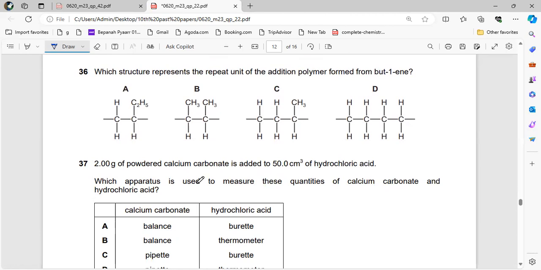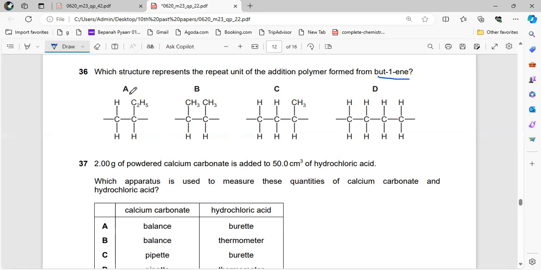Which structure represents the repeat unit of addition polymer formed by but-1-ene? So when you observe all the options, option D is totally wrong. It is about ethene. In option C, again, we have only three carbon atoms here, but butene consists of four carbon atoms. Here in option B, yes, there are four carbon atoms, but they have given us that it has the structure of but-1-ene, so the double bond is present between the first and second carbon atom.